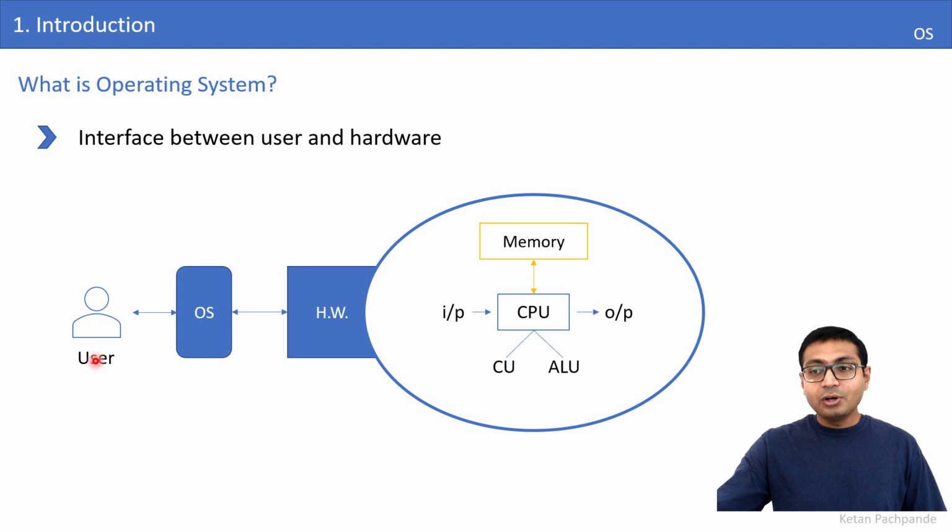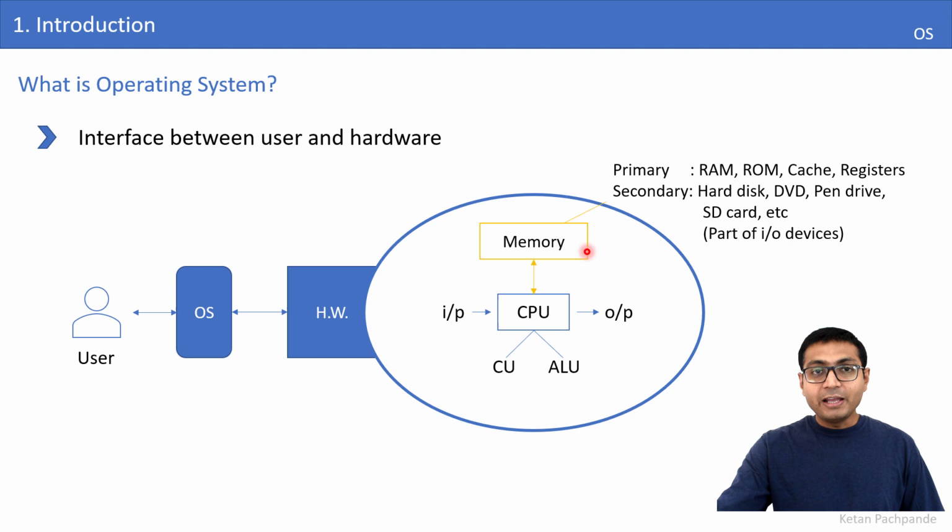The hardware consists of mainly two parts. First is the central processing unit and the other is the memory attached with the central processing unit. All these hardwares are attached on what we call the motherboard.